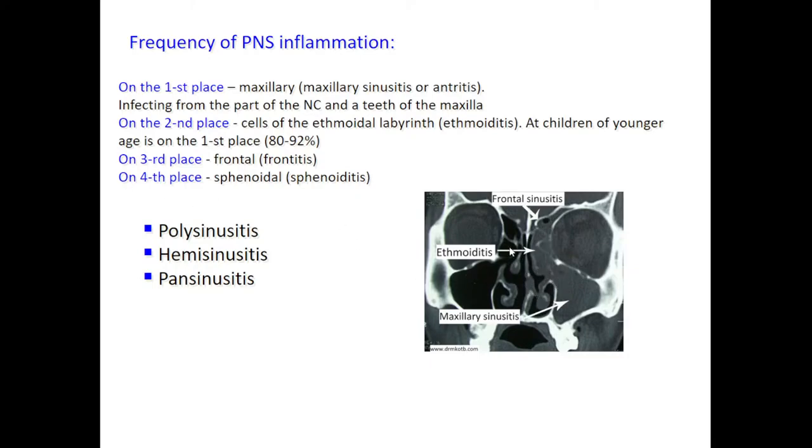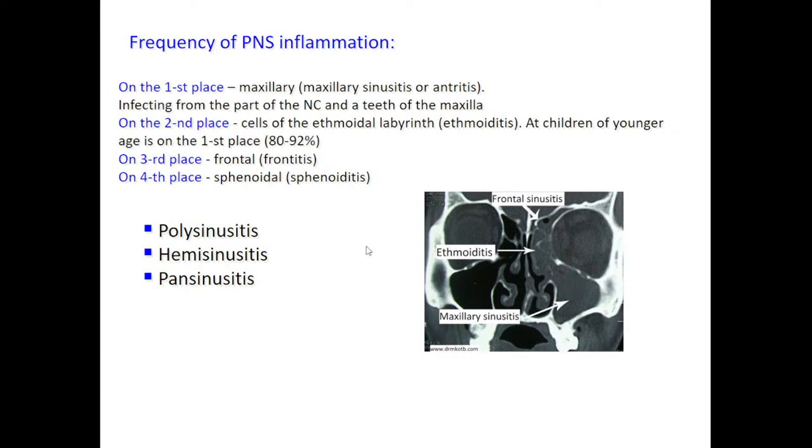On the third place, frontal sinus, frontitis, and on the fourth place, sphenoidal sinusitis or sphenoiditis.